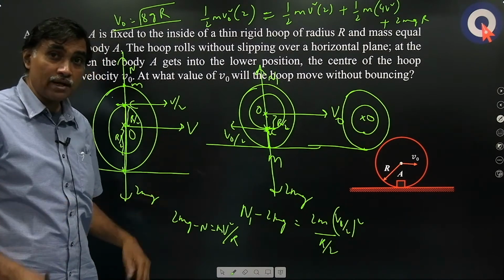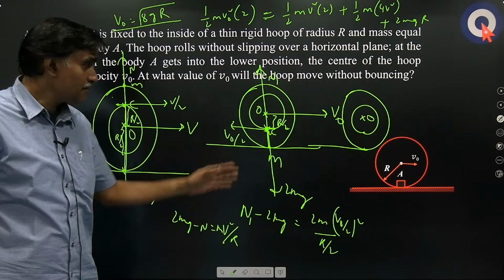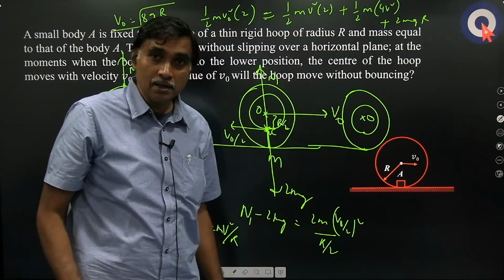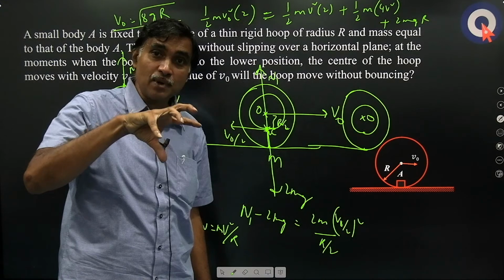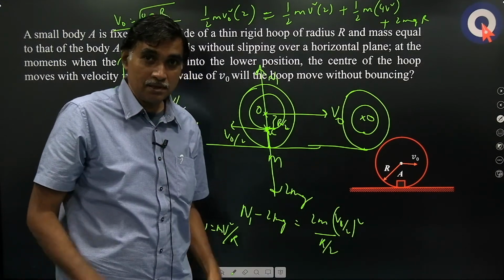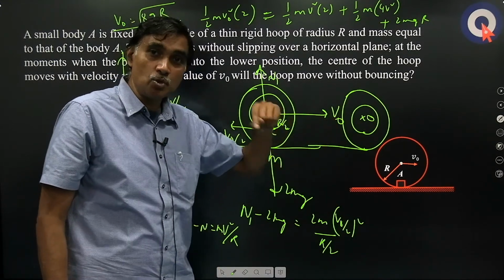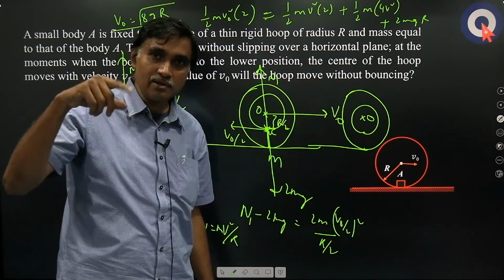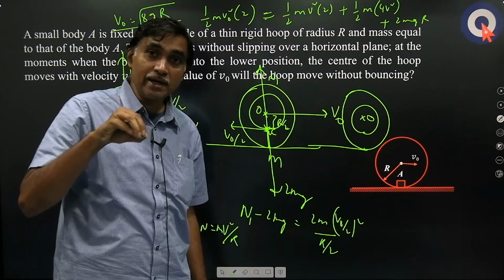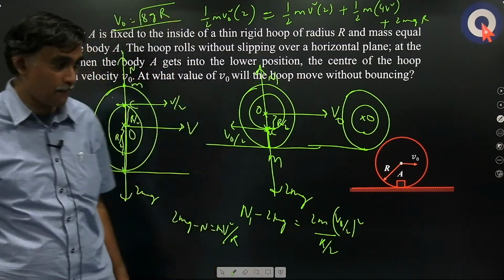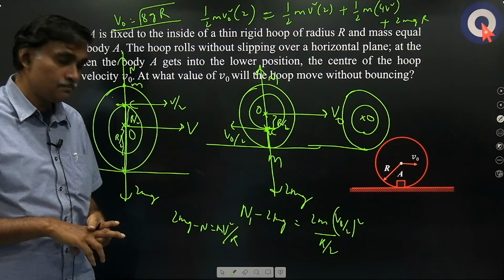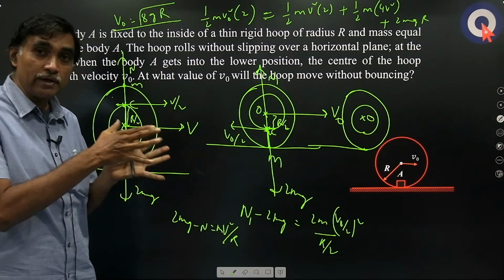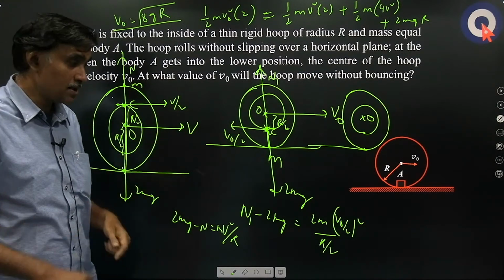Immediately after losing contact, what happens? Let us say I give more than root 8gR. Immediately after losing contact, the body starts rotating about an axis passing through the center of mass. This translatory and rotatory motion will convert to pure rotatory motion. Pure rotatory means about the center of mass; it will translate also, but it starts rotating about the center of mass.